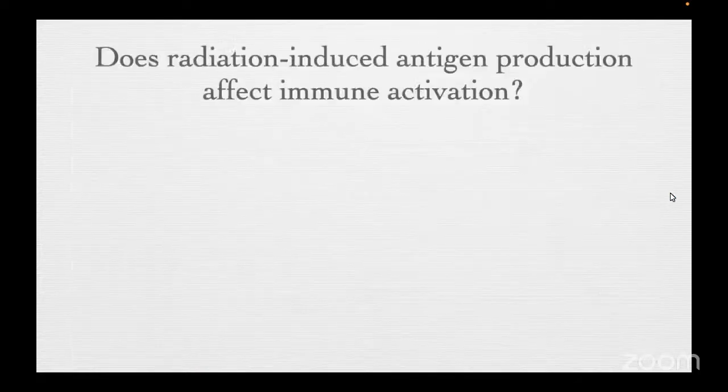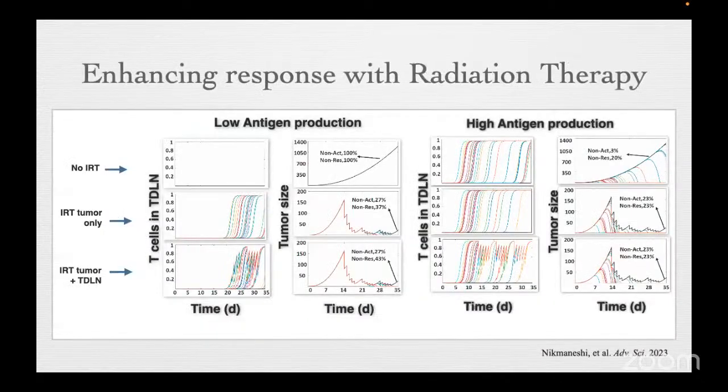Because the antigen production rate is so important here, there are, of course, ways that people are trying to enhance antigen production through things like chemotherapy or heat treatment or radiation therapy. So we decided to look at how radiation might affect these responses. And so over here, we have low antigen production.